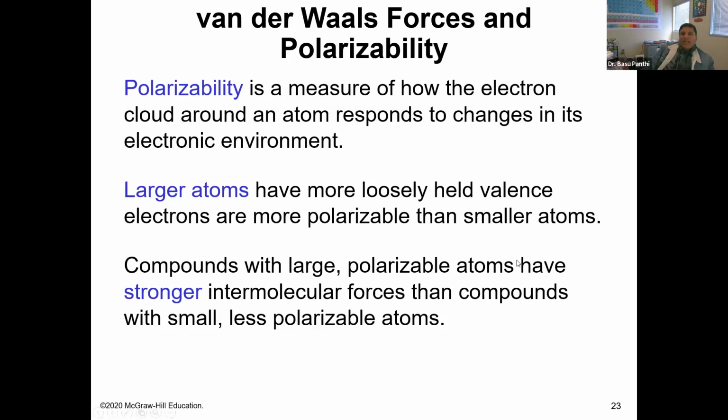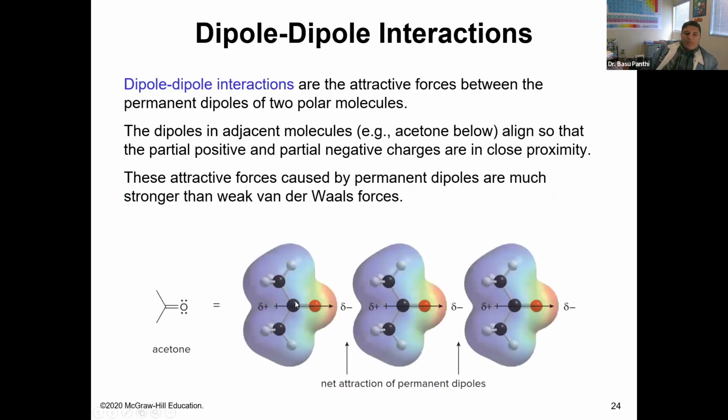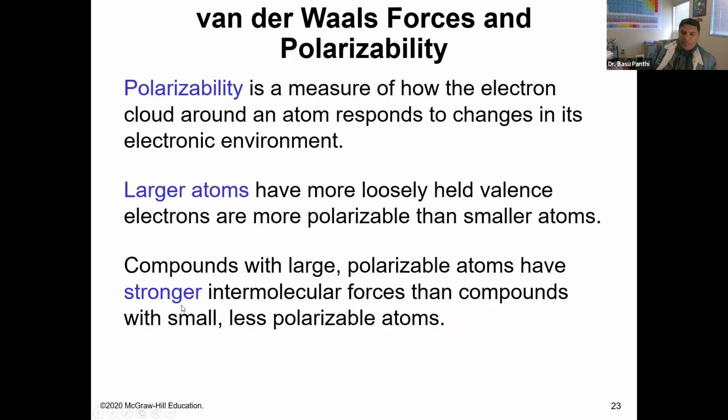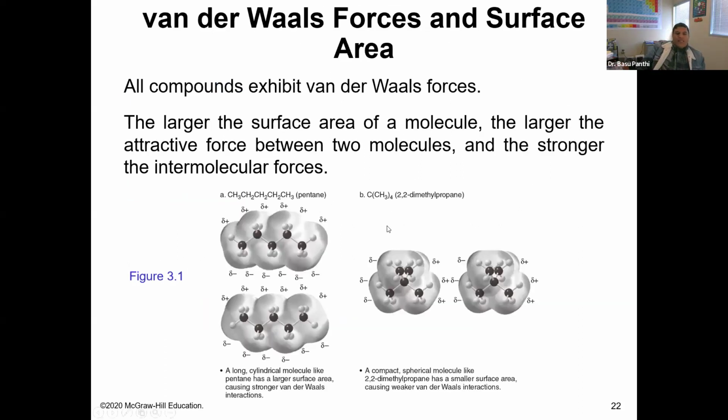Smaller molecules are less polarizable. For example, here, this one, acetone. So we'll talk about the melting point, boiling point, everything. Branching decreases the intermolecular forces because it decreases the surface area and so on.